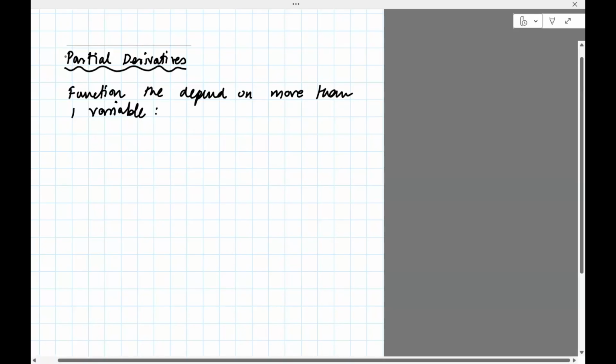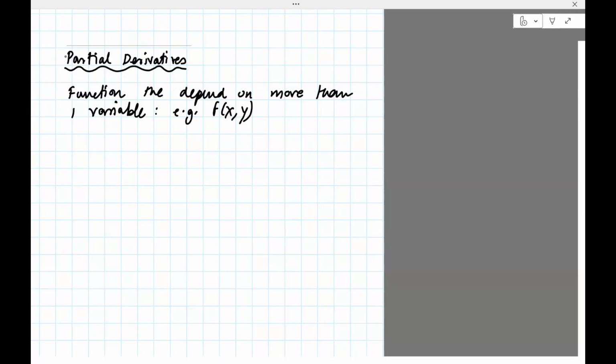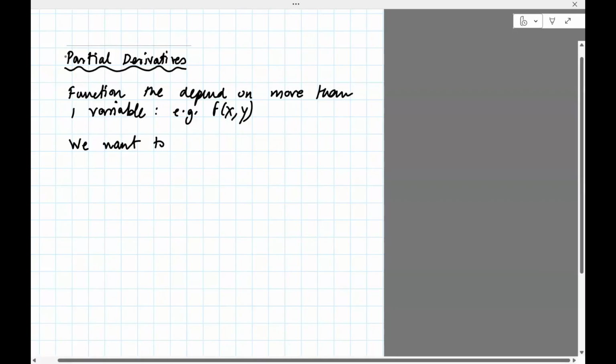So, e.g., f of x comma y. Okay, so let's assume that we want to compute df dx. So you see that there's a partial f, partial x.